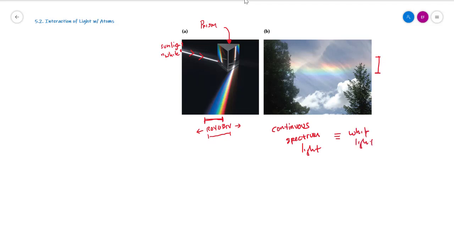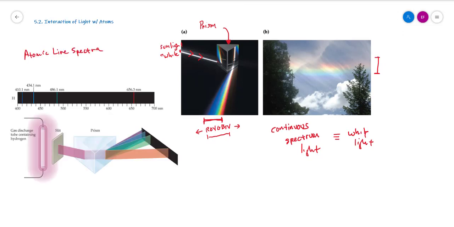Okay, so we need to contrast that against a different observation that scientists made 150 years ago. What scientists did, a century or so ago, was they took a pure element, typically a gas like hydrogen, and that's what's being shown in this figure over here.